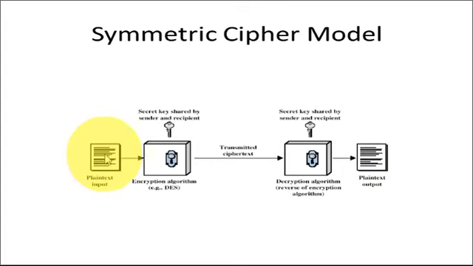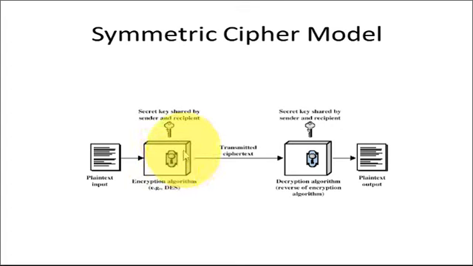This plain text is given to the encryption algorithm. This encryption algorithm may be any one of the ciphers, for example here the Data Encryption Standard. In this encryption algorithm, we have to use one key, that is the secret key. This is the common key, known only by the sender and receiver, not by others.